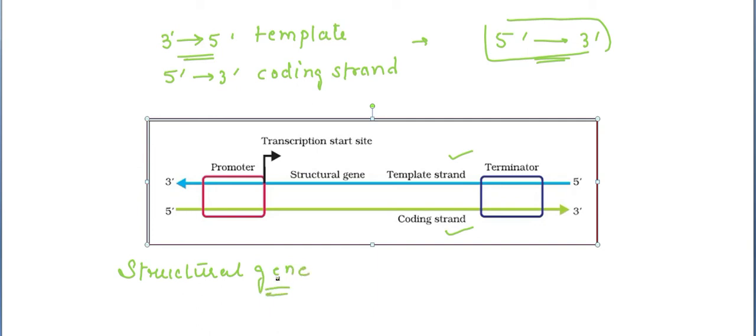And the polymerase enzyme binds to the promoter region, the reaction is initiated from here and terminates at the terminator region. So these are the sequences actually.